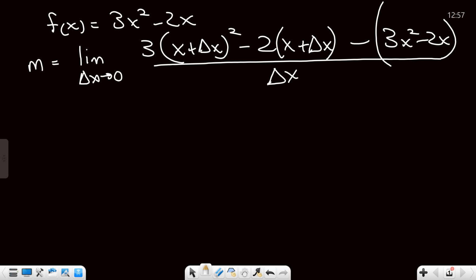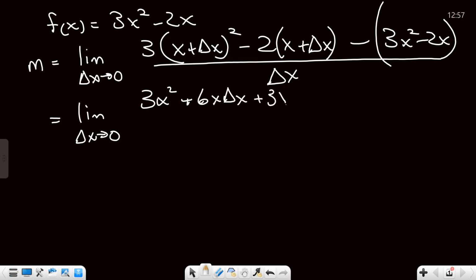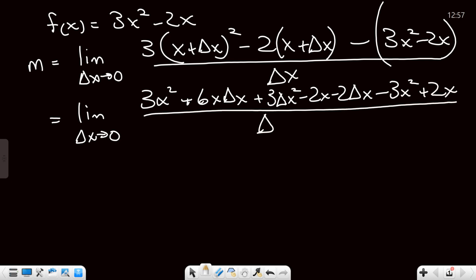Change it. Good. 3x squared plus 6x delta x plus 3 delta x squared minus 2x minus 2 delta x minus 3x squared plus 2x, all over delta x.